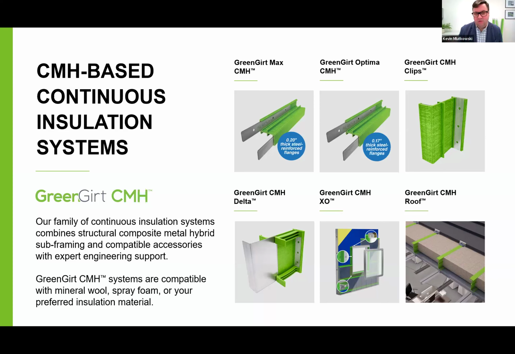That allows you to essentially align the thermal plane of the window with the thermal plane of the insulation, so you get that maximum thermal efficiency. This is a groundbreaking product that allows you to double the energy efficiency of the window surround, from 47% when using legacy materials like steel or wood, to over 95% when using the Green-girt CMH XO system.